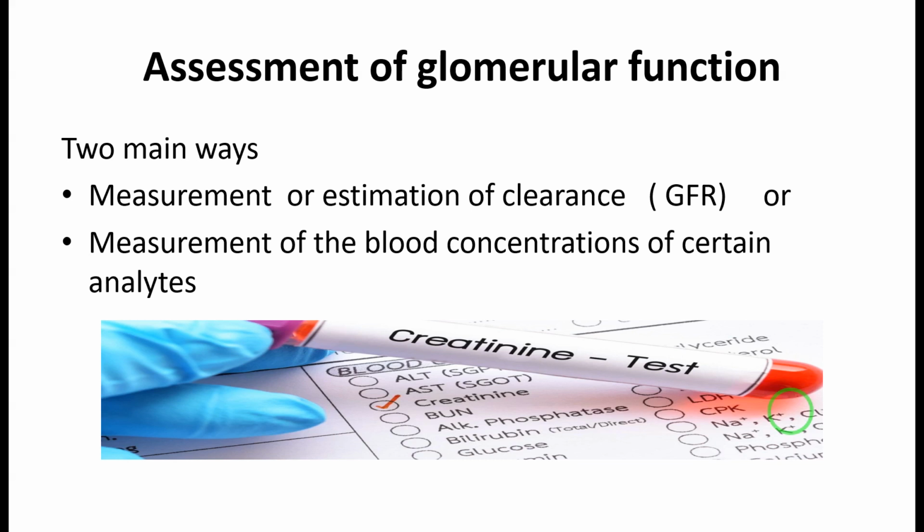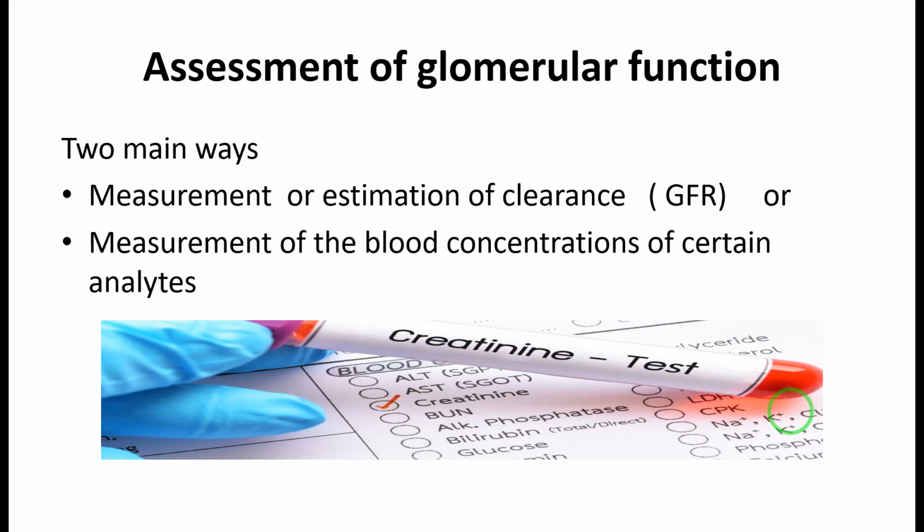Or the other test, we can measure the blood concentration of certain material that is normally freely filtered and cleared by the kidney. For example, the plasma level of creatinine and the plasma level of urea. These substances normally are waste products of nitrogen metabolism, and they will be eliminated in the urine normally.